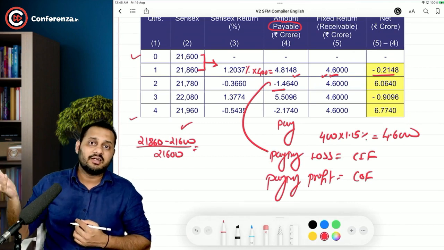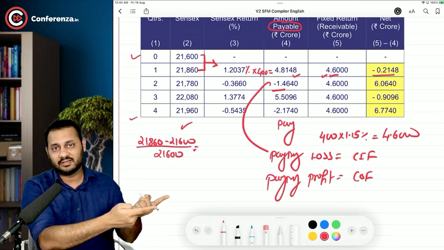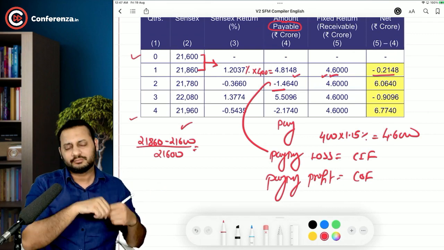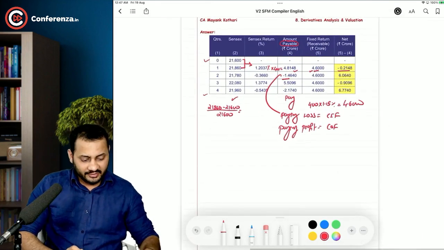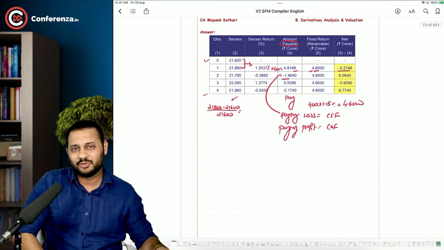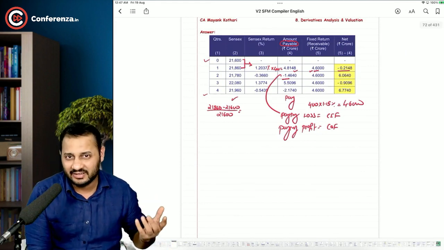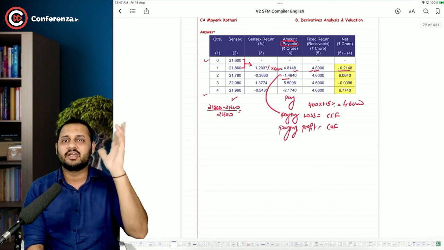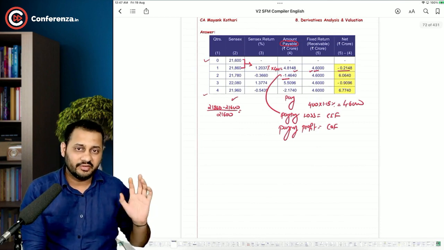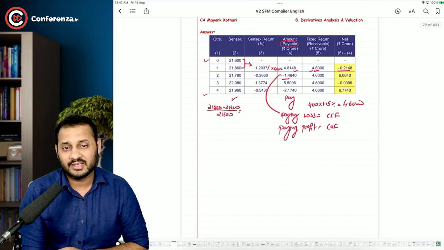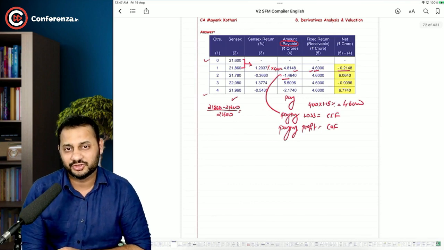But if the returns are less, it's my benefit because you will get lesser return and I will get more. Smooth. I think interest rate swap is one of the best things to solve because it doesn't involve a lot of calculation, technicalities. It's very simple, give and take. Obviously, every calculation was different, but it's, I think, fun to solve the questions of interest rate swaps.